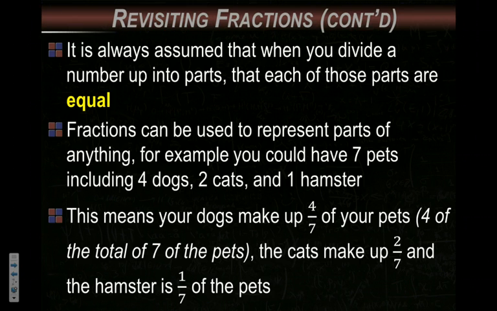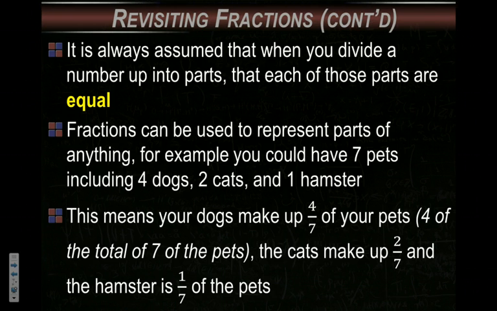Okay? Now, fractions can represent anything. So let's say again you have 7 pets. That's a lot of pets, but let's say you have 7 of them. 4 dogs, 2 cats, and 1 hamster. Okay? This means that the dogs make up 4/7 of your pets. 4 of the total 7 pets are dogs. 2 of the total 7 are cats, and 1 of the total 7 pets are hamsters.